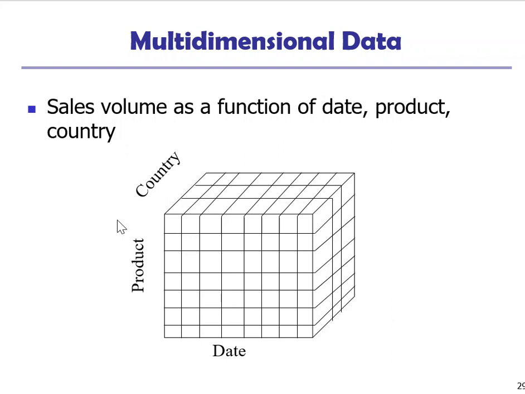Since the data in data cubes are multidimensional, I think intuitively you're probably going to ask: what about multidimensional arrays? Can we use a multidimensional array to represent the data in a data cube? The answer is yes, absolutely.